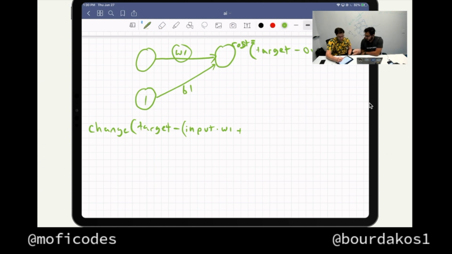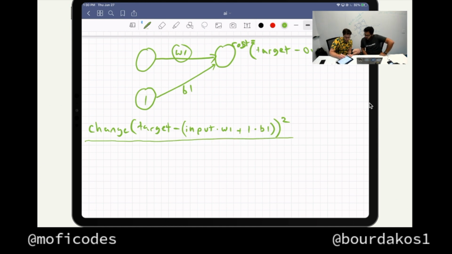So input times the first weight plus 1 times the bias. And then we're squaring all this.